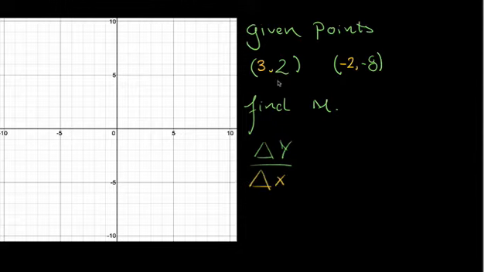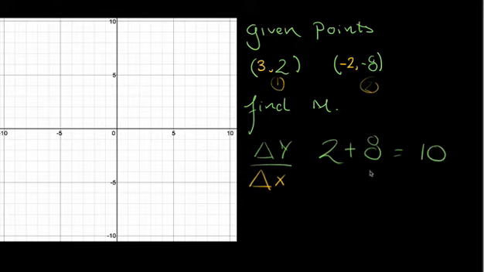All right, so let's start with y1, and we'll subtract y2. All right, easy enough. 2 minus negative 8 is going to be 2 plus 8. So that gives us a change of 10. That's a pretty steep slope.